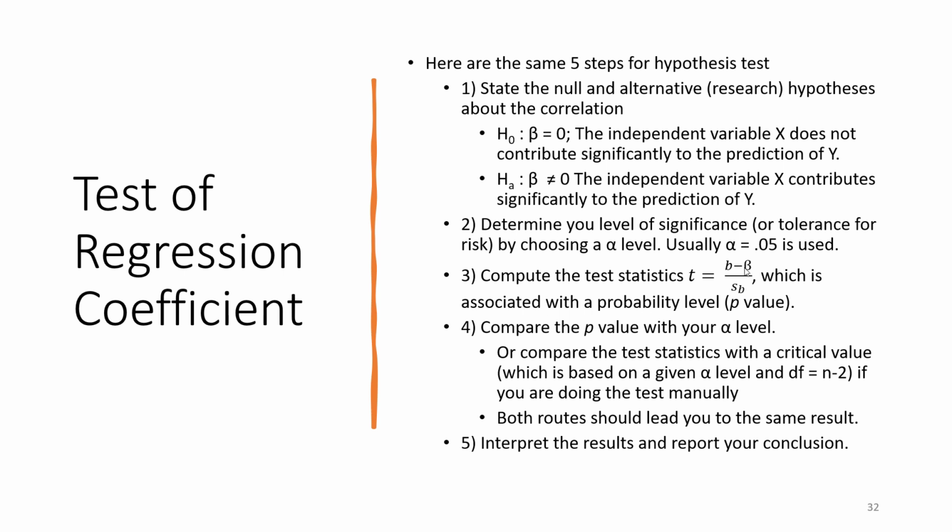The hypothesized value is 0 by default. You do not need to do any hand calculations. Simply compare the p-value with your alpha value to decide whether to reject or fail to reject the null hypothesis.